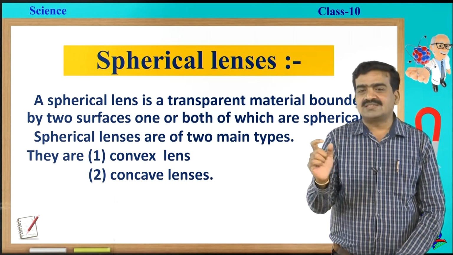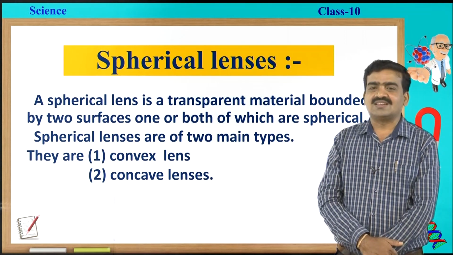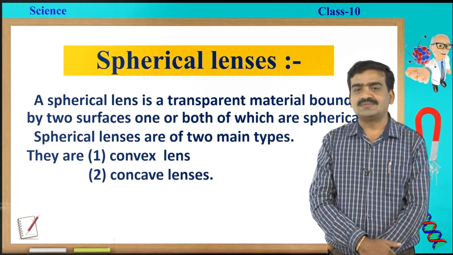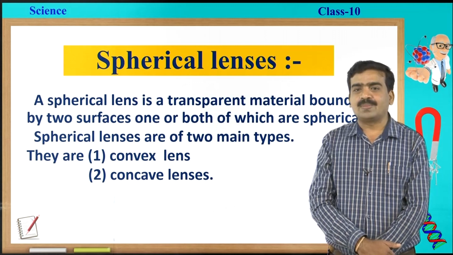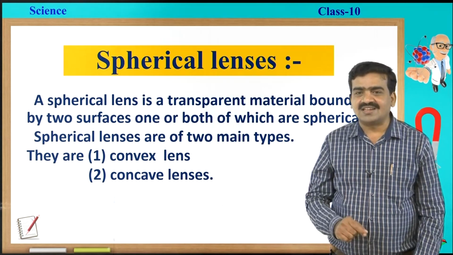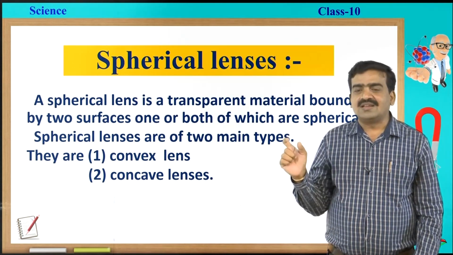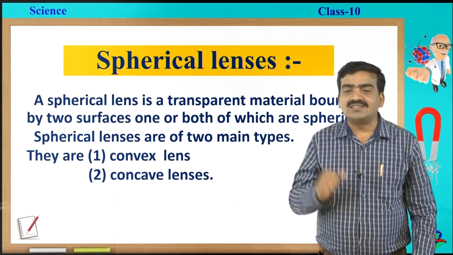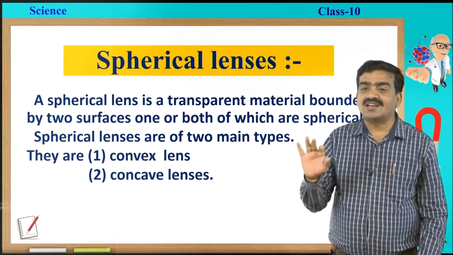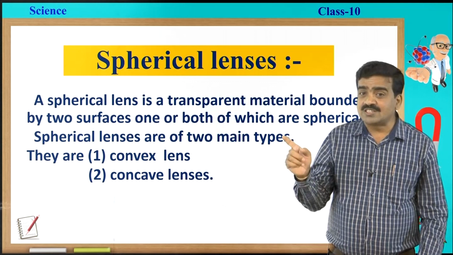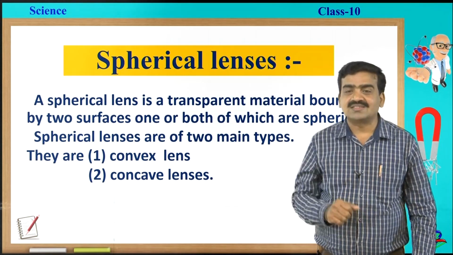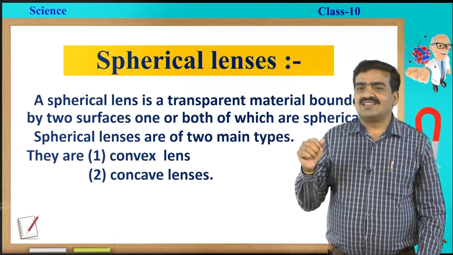You have seen convex as well as concave lenses at your school in your science lab. So, what have you noticed there? You have noticed that their surfaces are bulged, their surfaces are curved. What is the difference between spherical lenses and mirrors?